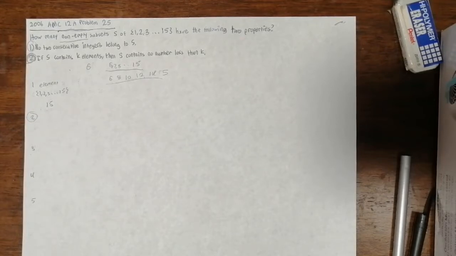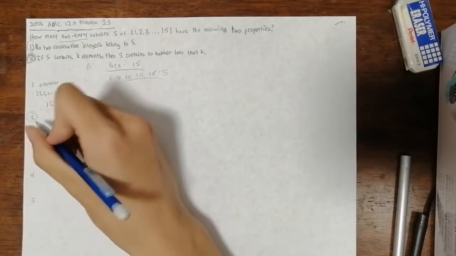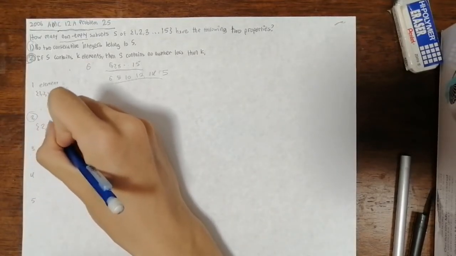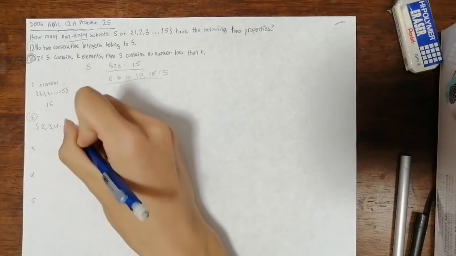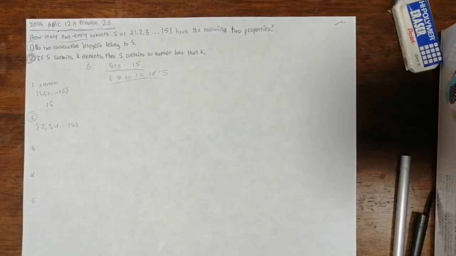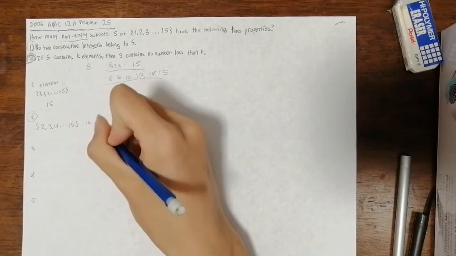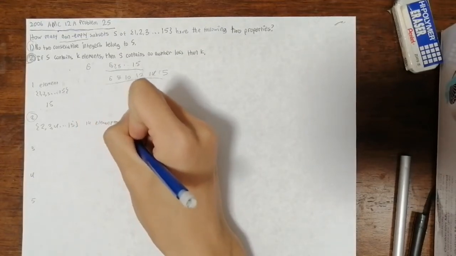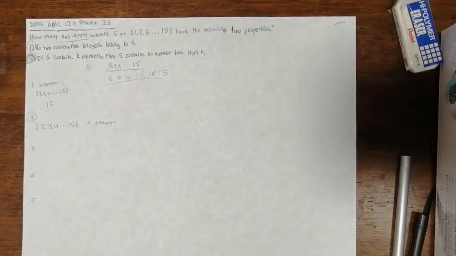We first find the total number of subsets with 2 elements, and then subtract the ones where 2 numbers are consecutive. So if S is 2 elements, from rule number 2, it must be a subset of the set 2, 3, 4, all the way to 15. And this is 14 elements, because 15 minus 2 plus 1 is 14.